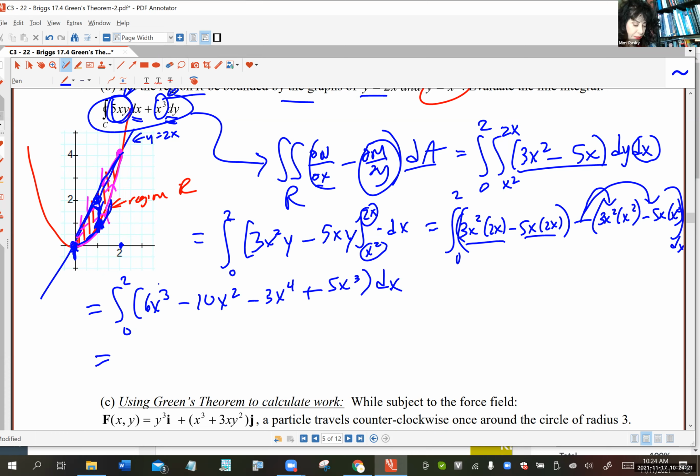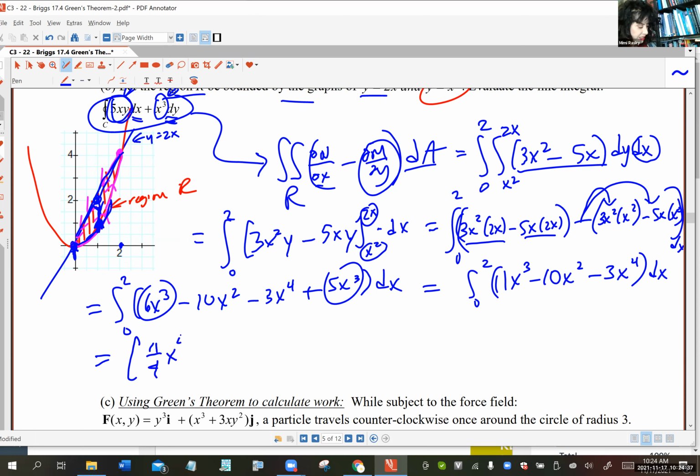I am going to combine a couple of like terms just because I can. Those x cubed terms, I'll combine them. It's a little cleaner. And now I can integrate. So this looks like the antiderivative will be 11/4 x to the fourth minus 10/3 x cubed minus 3/5 x to the fifth, going from 0 to 2.